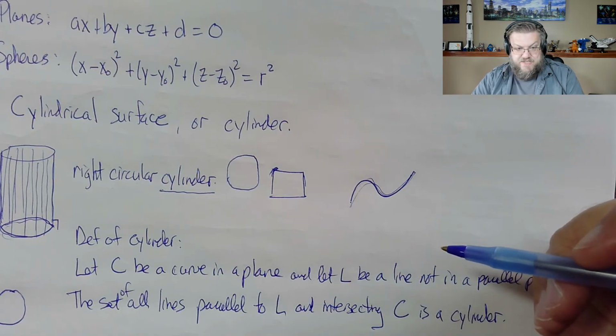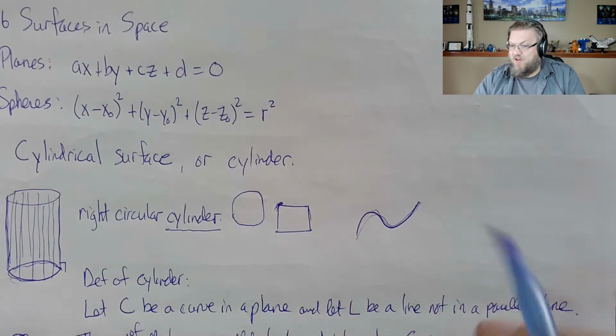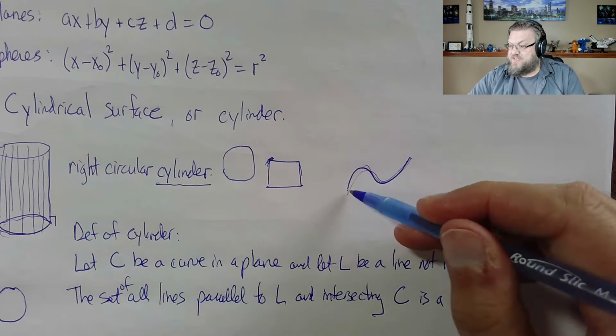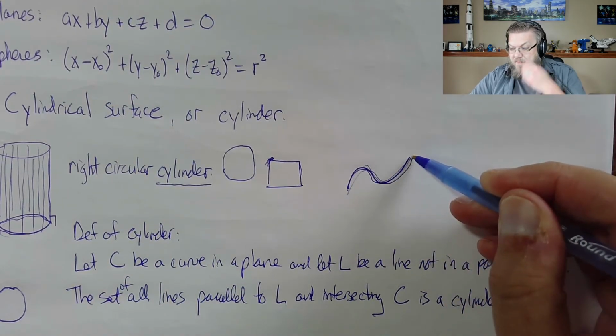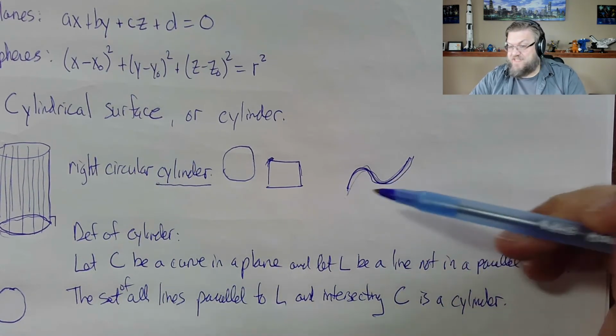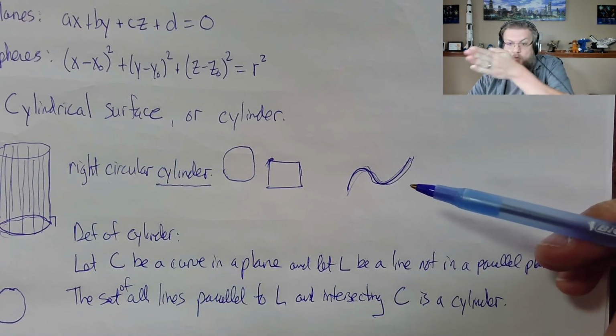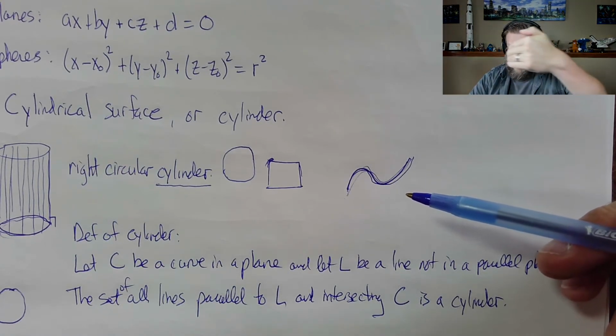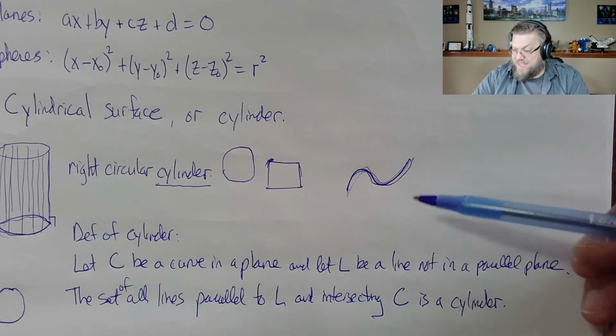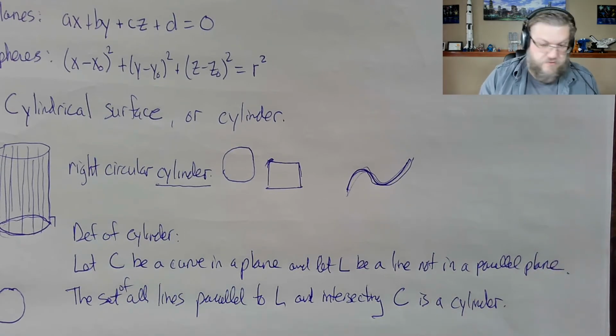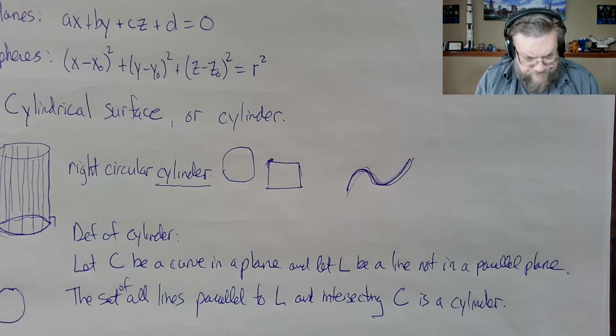That would generate a cylinder, right? But this would also generate a cylinder. This is a shape, this is a curve, right? And we could take straight lines, and now I have like this sine wave wall. That would end up being a cylindrical surface, all right?